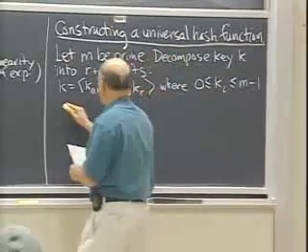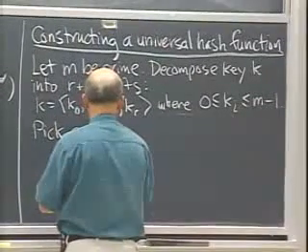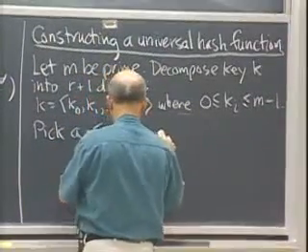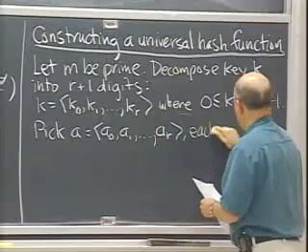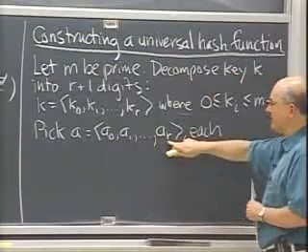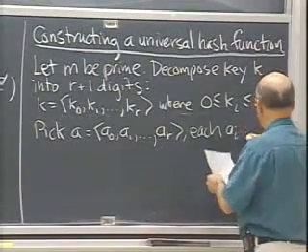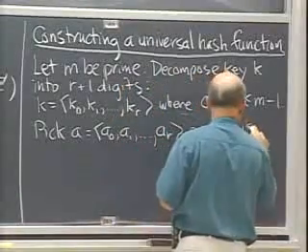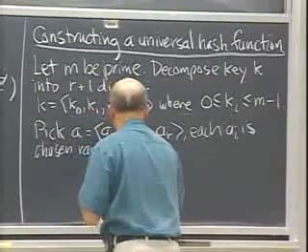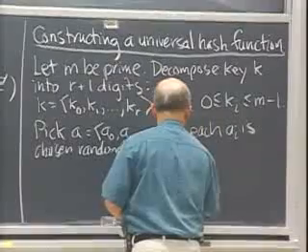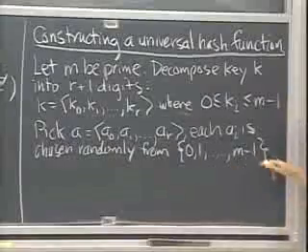The random numbers we're going to pick is we're going to pick an a at random, which we're also going to look at as a base m number, where each a_i is chosen randomly from zero to m minus 1.